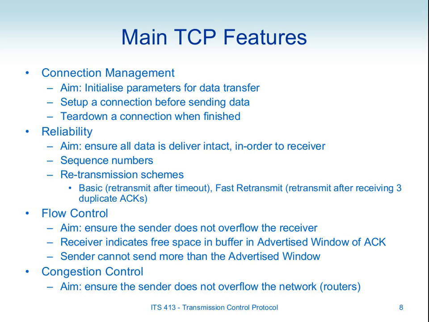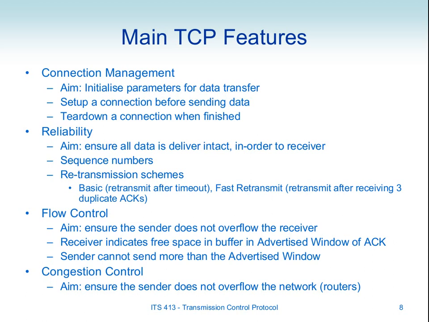Reliability. It uses a retransmission scheme in that we send data and we expect to get ACKs back. If we don't get ACKs, we have a timeout, and if we time out, we retransmit. There are some options, and I'll show you the variations of the retransmission scheme.